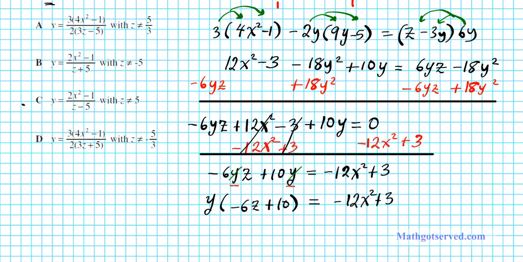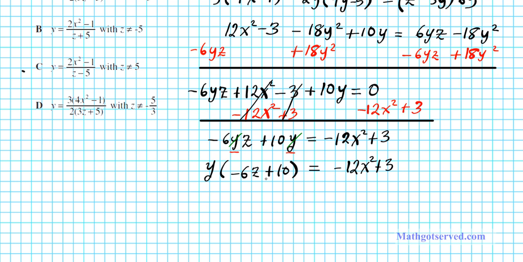Now to get y by itself, we're going to divide both sides by this quantity that y is being multiplied by. Okay? So divide these two sides by negative 6z plus 10. And then here negative 6z plus 10.